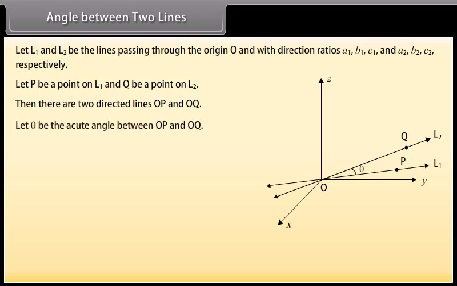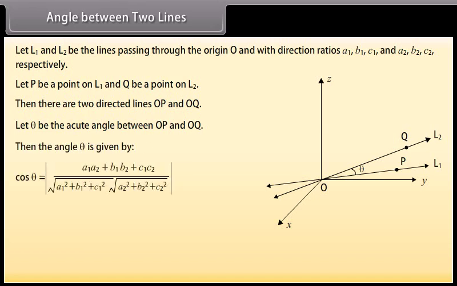Let theta be the acute angle between OP and OQ. Then the angle theta is given by cos theta equals modulus of (a1 a2 plus b1 b2 plus c1 c2) divided by the square root of (a1 square plus b1 square plus c1 square) into the square root of (a2 square plus b2 square plus c2 square).